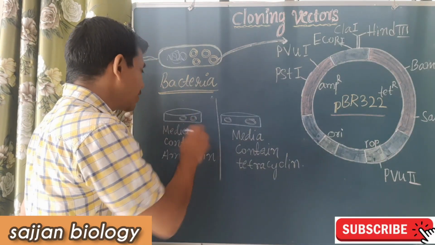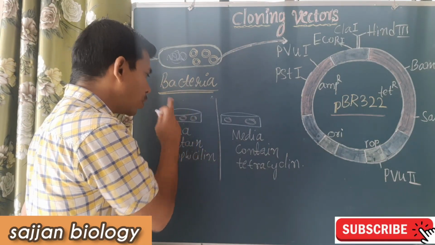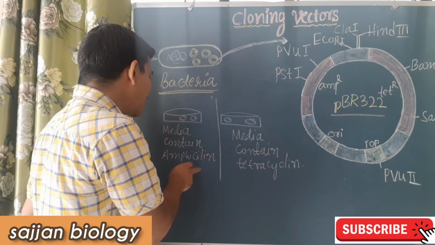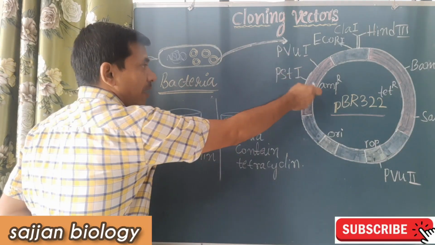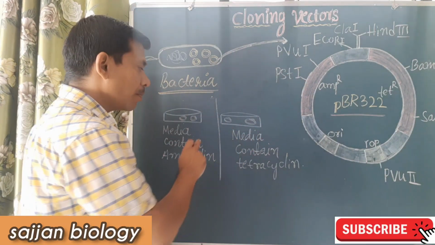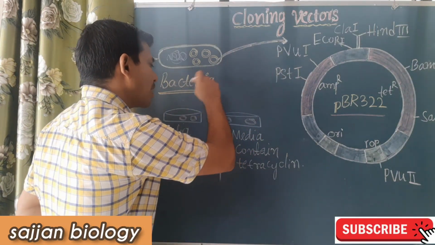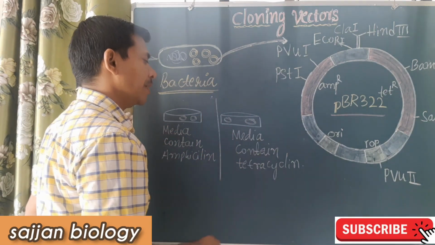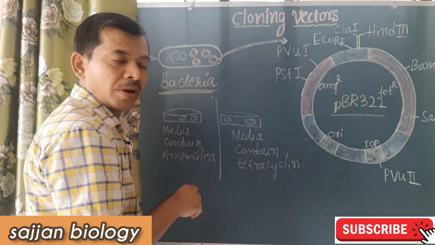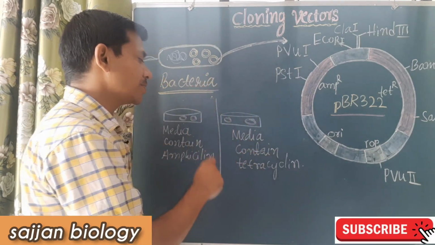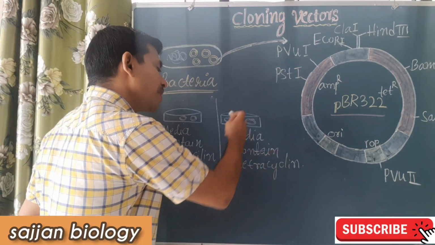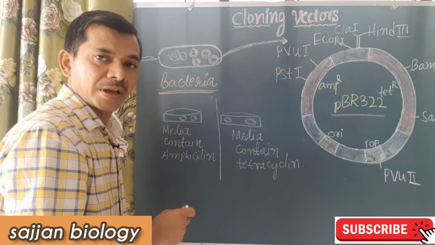If we allow the transformants to grow in media containing ampicillin, they grow because they have an ampicillin resistant gene. But when we transfer them to the tetracycline media, they won't grow because they have lost the tetracycline resistant gene, hence they do not grow in the media containing tetracycline antibiotic.